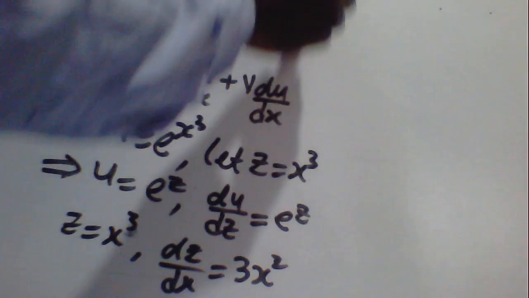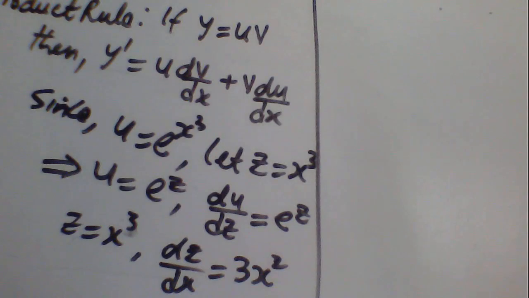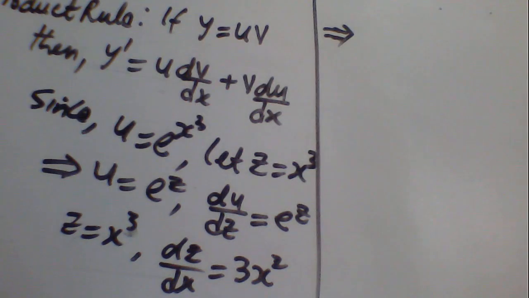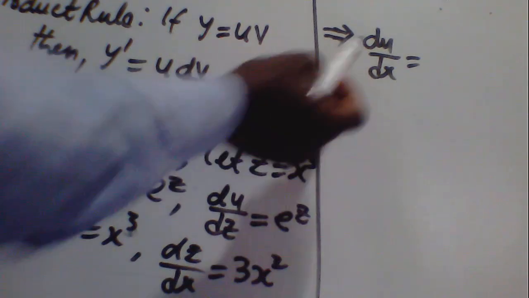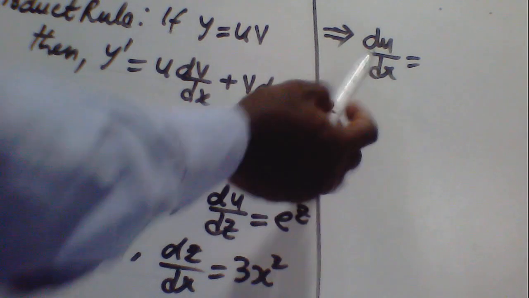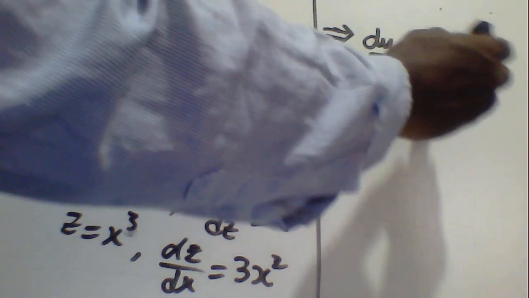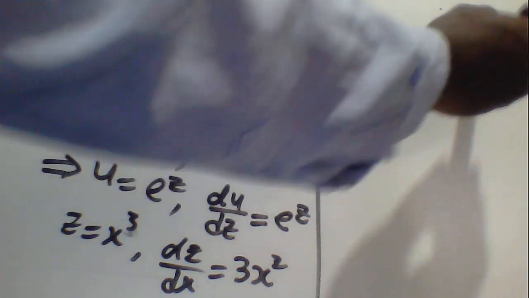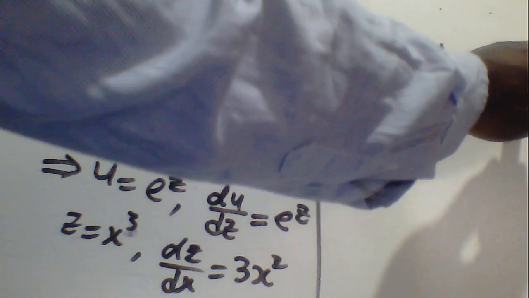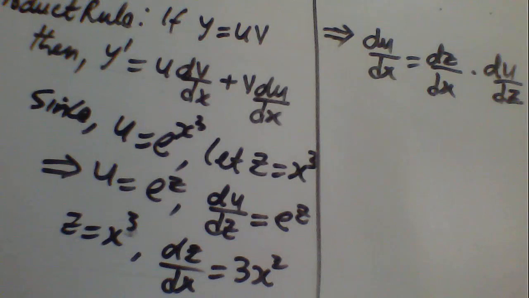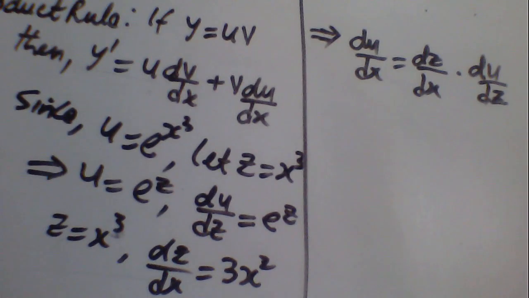From here, this implies that differentiating u with respect to x will give us dz over dx multiplying du over dz. Am I correct? Yes. Once you do that, you will obtain this expression.